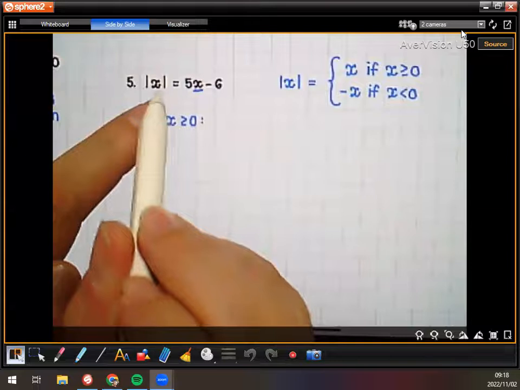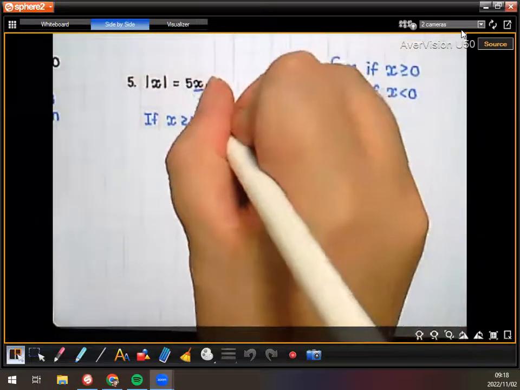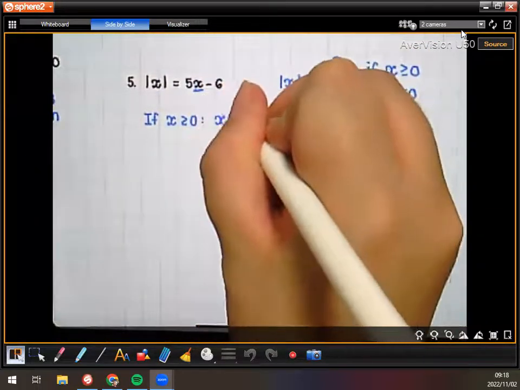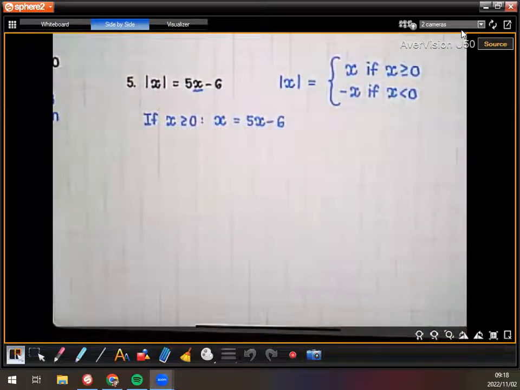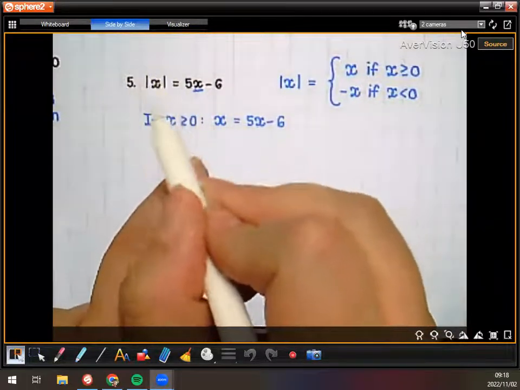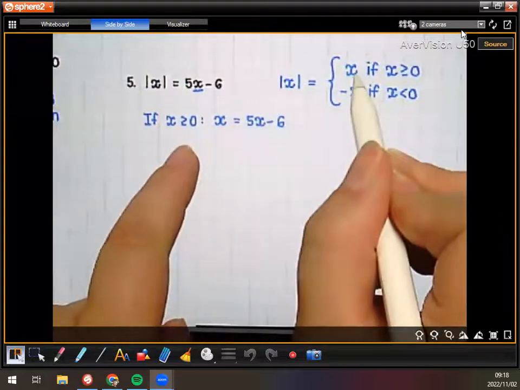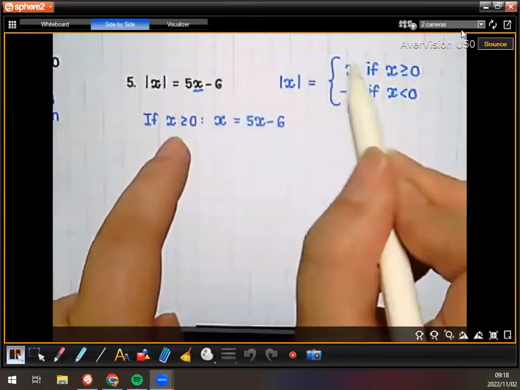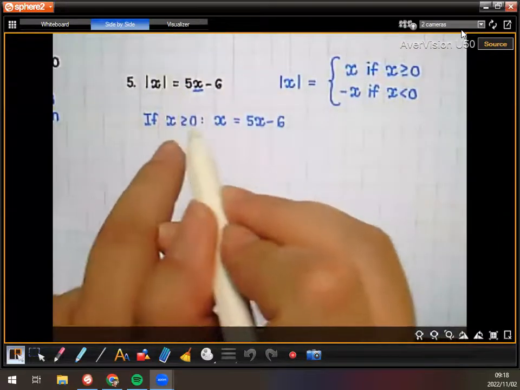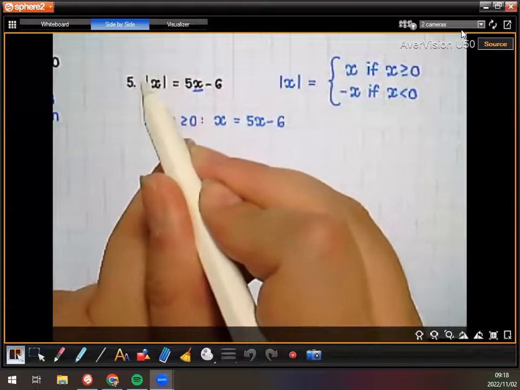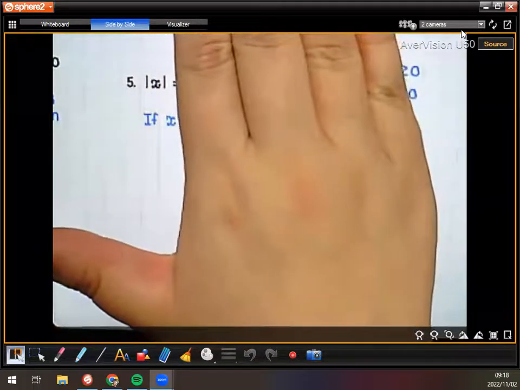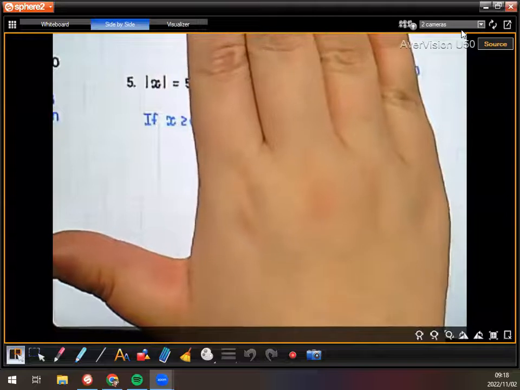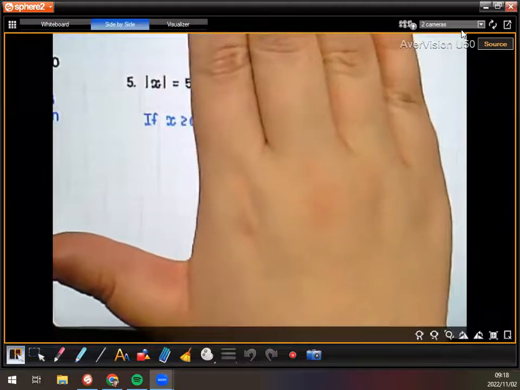If this value is positive, then x is going to be equal to 5x minus 6. Just see if that makes sense. If x is positive, what is the absolute value of x? X. Do you see what I'm doing? I'm saying if x is positive, then the absolute value of x is just x.